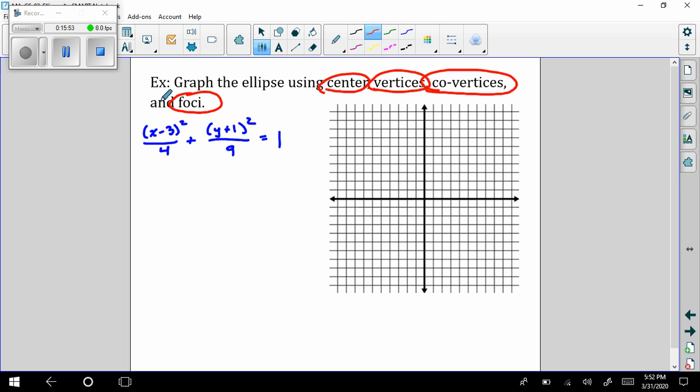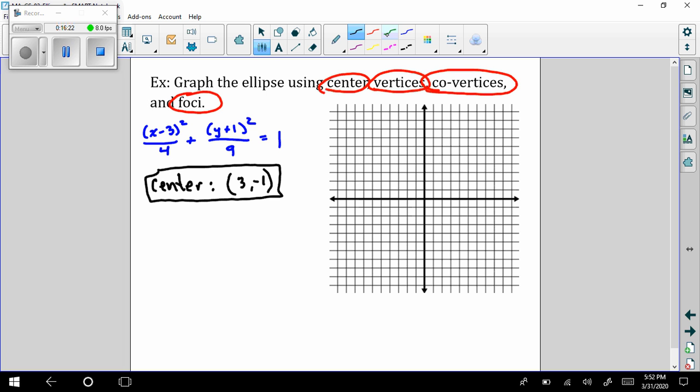I'm going to try to use different colors to keep things straight for you. The first thing I can find, obviously, is the center. So the center is coming from the numerator, so it's at 3, -1. There's the first thing I can find.